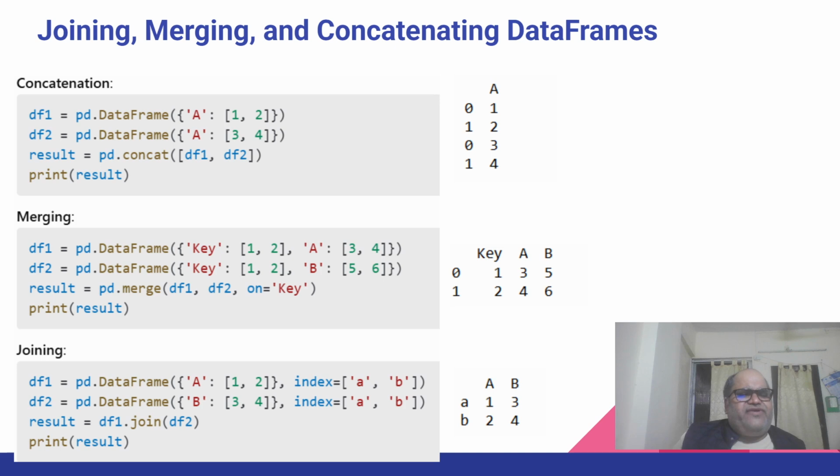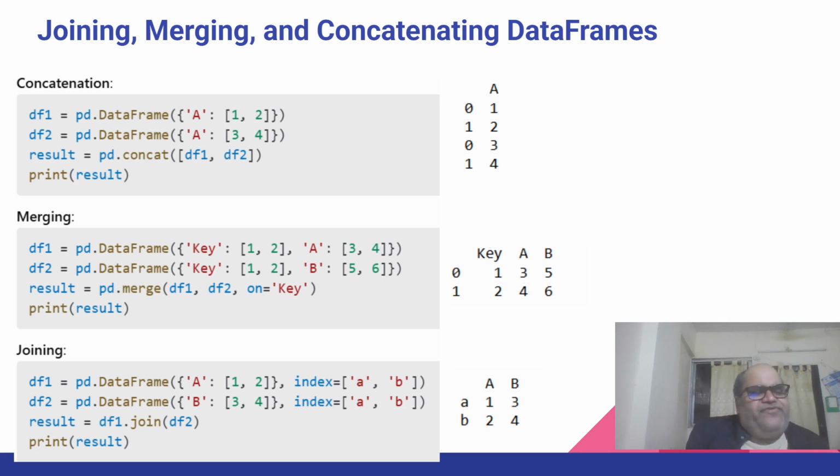And since the column is the same, you'll have a vertical concatenation, where you'll get your output as 1 2 3 4. It is interesting to see that your index is 0 1 0 1, right? Think about how it is indexed, and what is the meaning of this index now, and how you can make it 0 1 2 3. The hint is you can reindex.